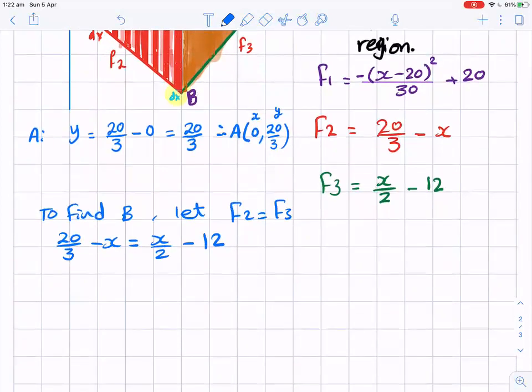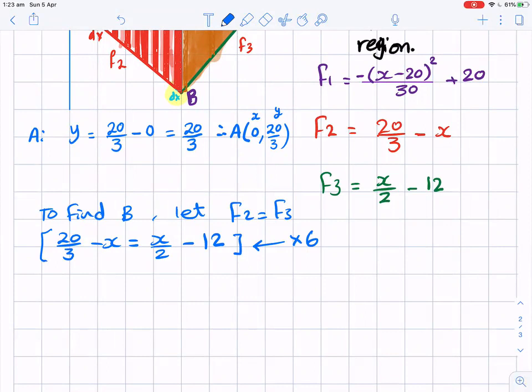And after you rearrange and tidy up the equation, we can multiply both sides by 6 to get rid of the fractions, because we have 3 and 2 at the denominator. So if we multiply by 6, we can get rid of them.